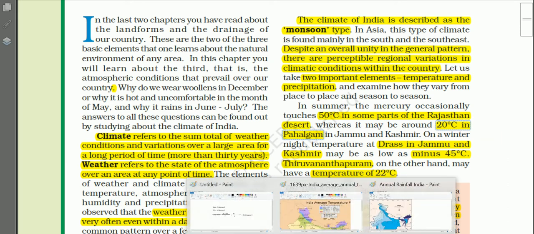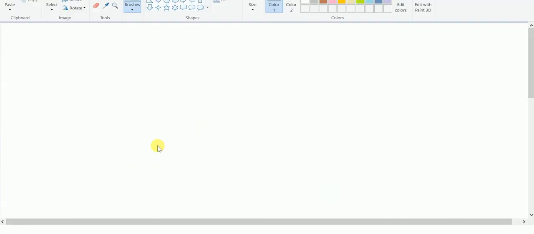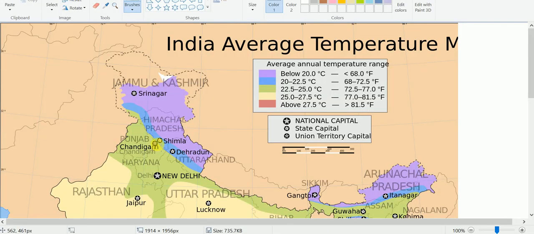If we look at the map showing temperature conditions, just see here, this color represents temperature more than 27 degrees Celsius, and this one again 25 to 27.